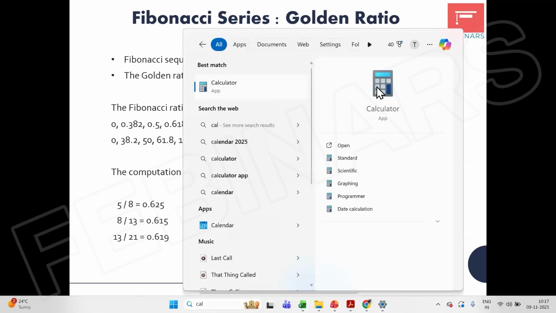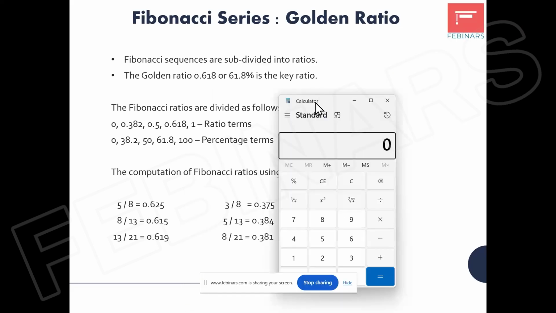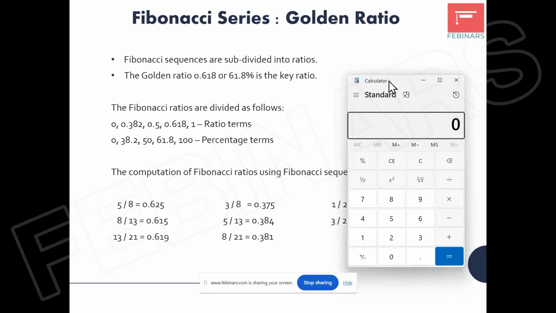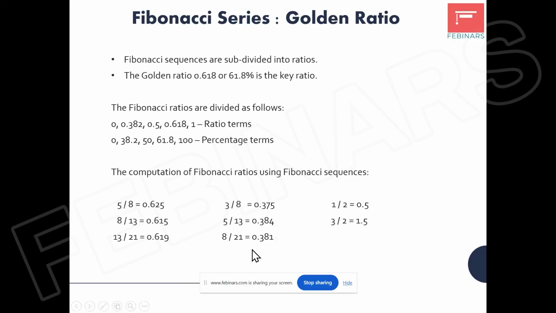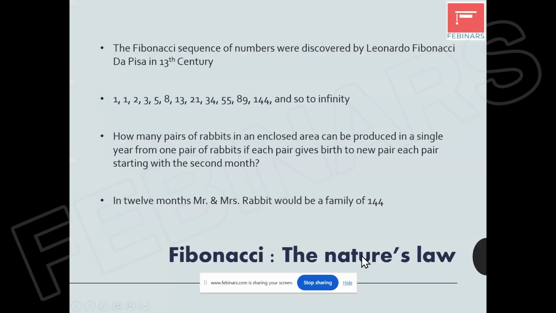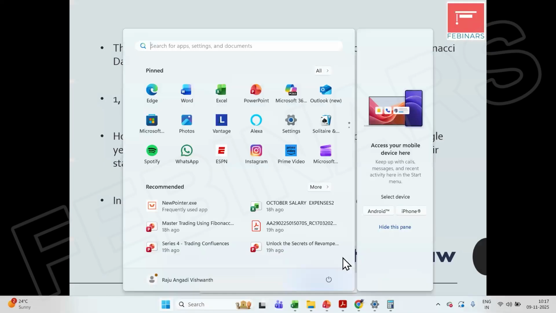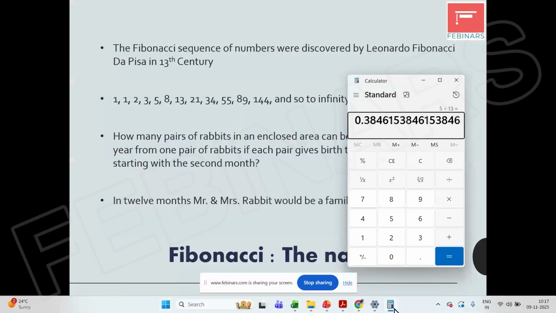I'm going to show it to you with a calculator which simplifies the concepts. 5 divided by 13, it's 0.384. Let's say 13 divided by 34, again 0.382 is the retracement zone.